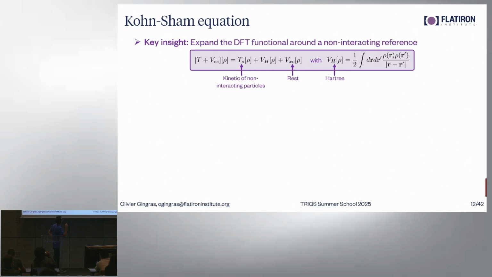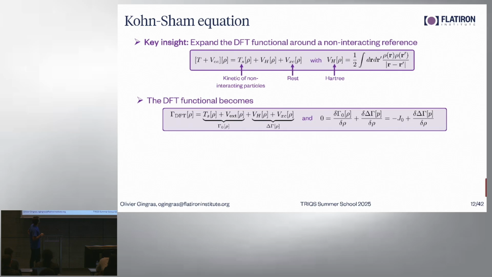We know that this whole thing is a functional of the density, but we don't know how each piece is. So the insight is to break it down into a non-interacting system of particles, which just have a kinetic energy, and some interaction, which is split into Hartree, which has an analytical form, and the rest is captured inside the exchange correlation functional. And you know that this one needs to be a functional of the density because the whole thing is a functional of the density, and these by construction are.